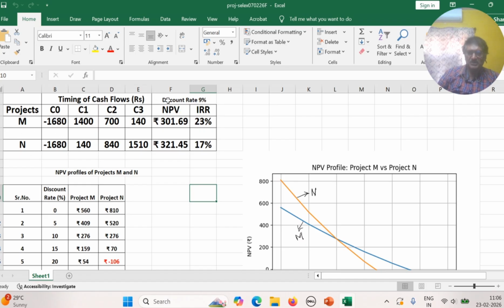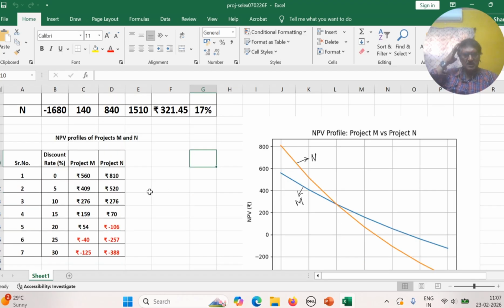That means if we consider the NPV for selecting the project, then N should be accepted as its NPV is more, and if you apply the IRR for taking decision, then you have to select project M as it is higher. That is a conflicting situation. Which one will I accept?